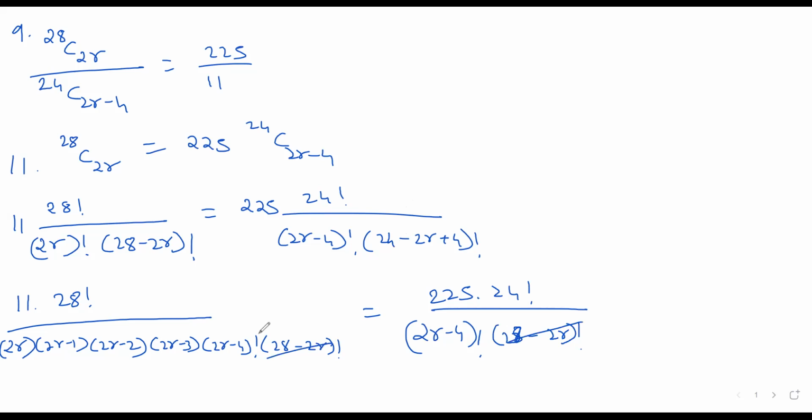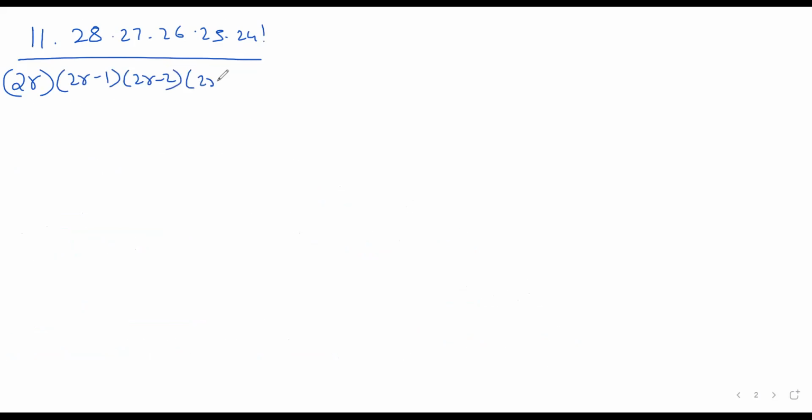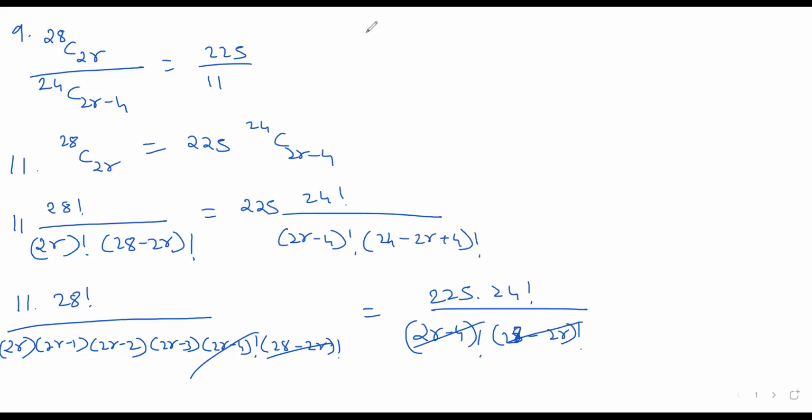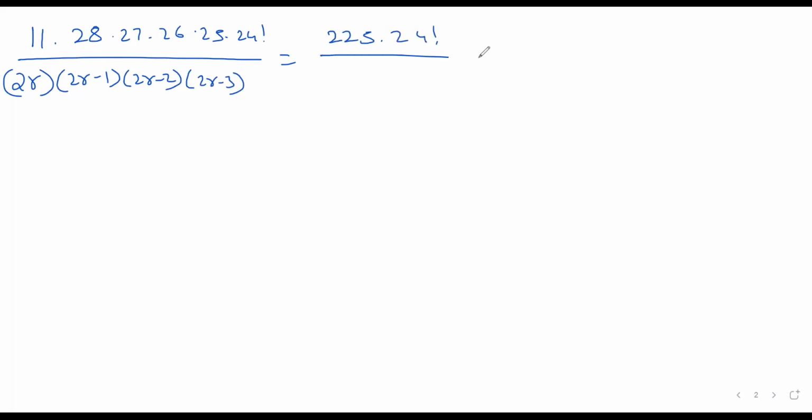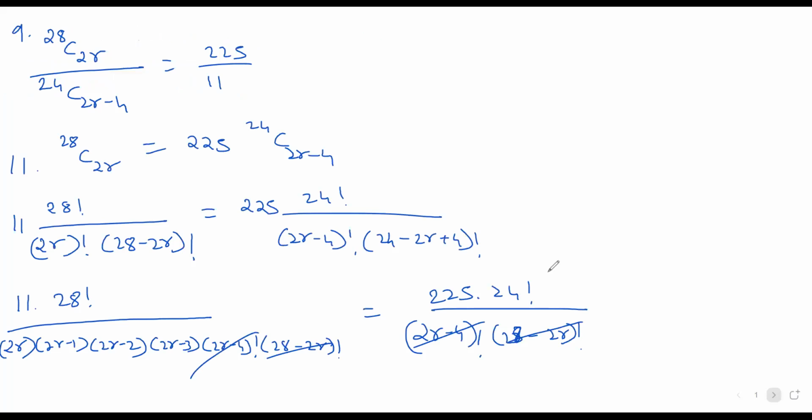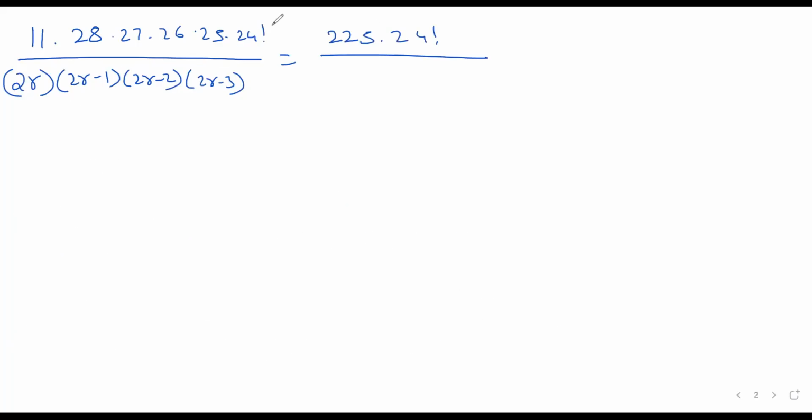This and this will get cancelled. Expanding, 11 into 28 into 27 into 26 into 25 into 24 factorial upon 2r, 2r minus 1, 2r minus 2, 2r minus 3 is equal to 225 into 24 factorial upon 24 factorial. 24 factorial will get cancelled.